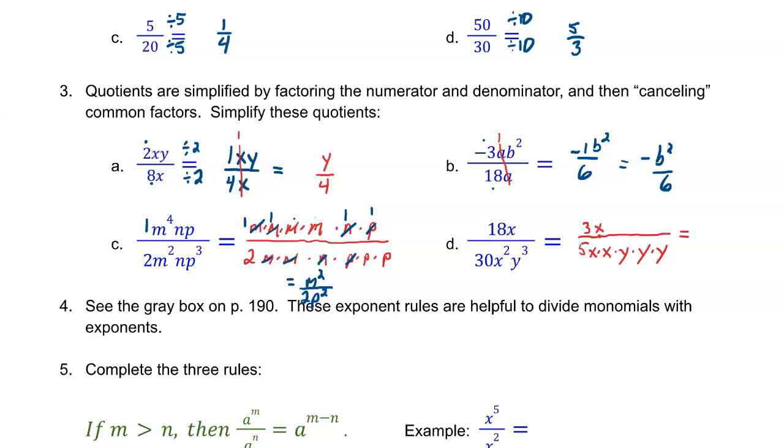What variables will cancel? This x will cancel this x, creating a 1. So what remains is 3 in top, 5 in the bottom, an x in the bottom, and a y to the third power in the bottom.